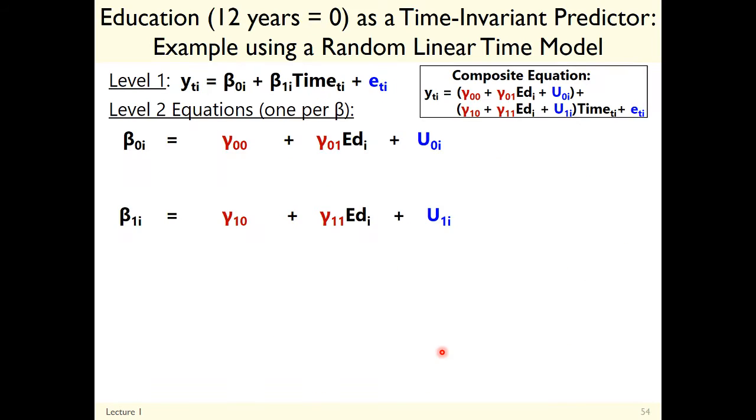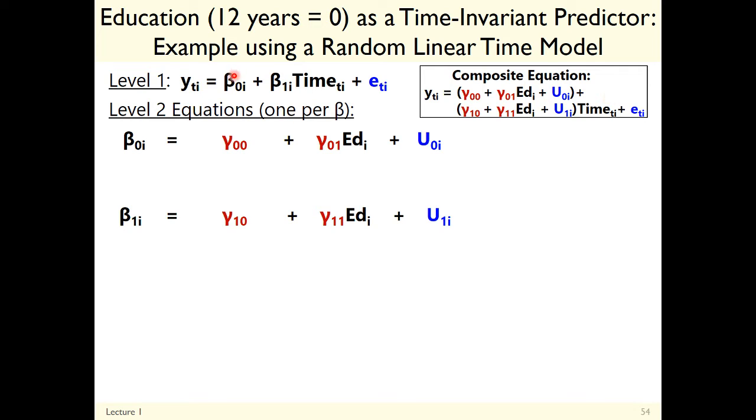So to show you what that might look like, here's an example with just a random linear model and an effect of education. So years of education, an easy time-invariant covariate, centered such that 12 years is my reference. So this intercept then is going to be specific to time 0.